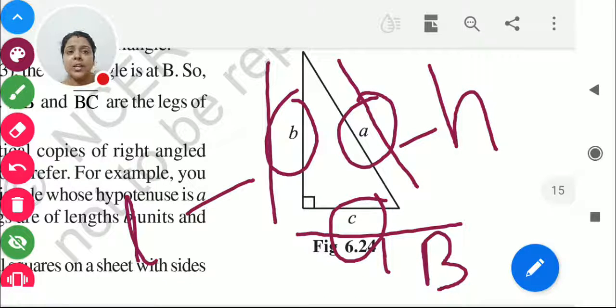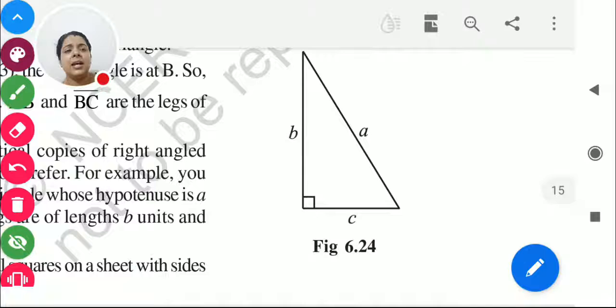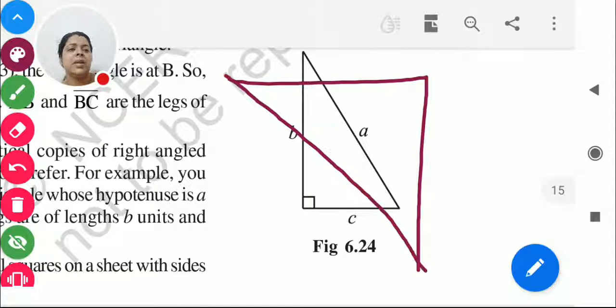So first we got to know the names of the different sides. Now I'm drawing a different kind of angle; the angle is not like this, I'm taking the angle this way.